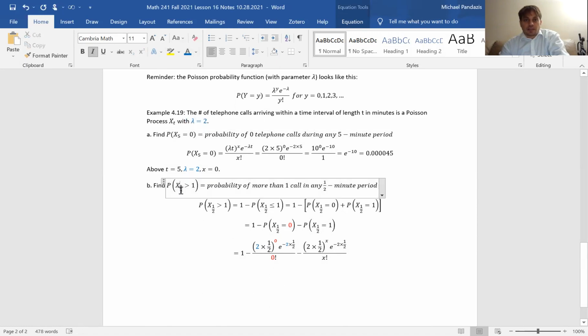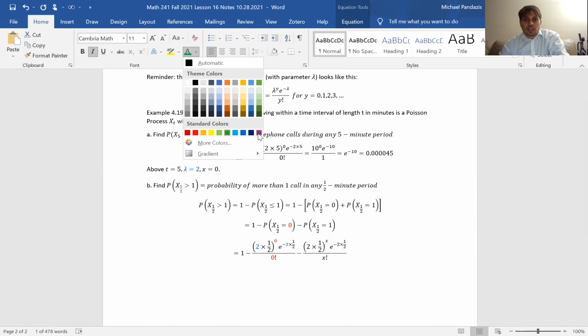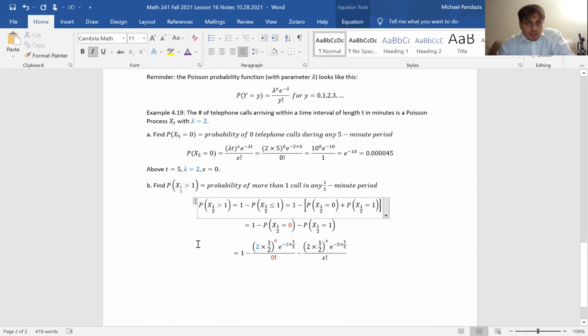Okay, the 1/2 is the value of t. It's hard to see that, though. It's hard to see that 1/2. So I'm going to change the color to purple. You can see that better. Okay, so that's a 1/2. So there's a 1/2 here, 1/2 here. They're all 1/2s. Okay.